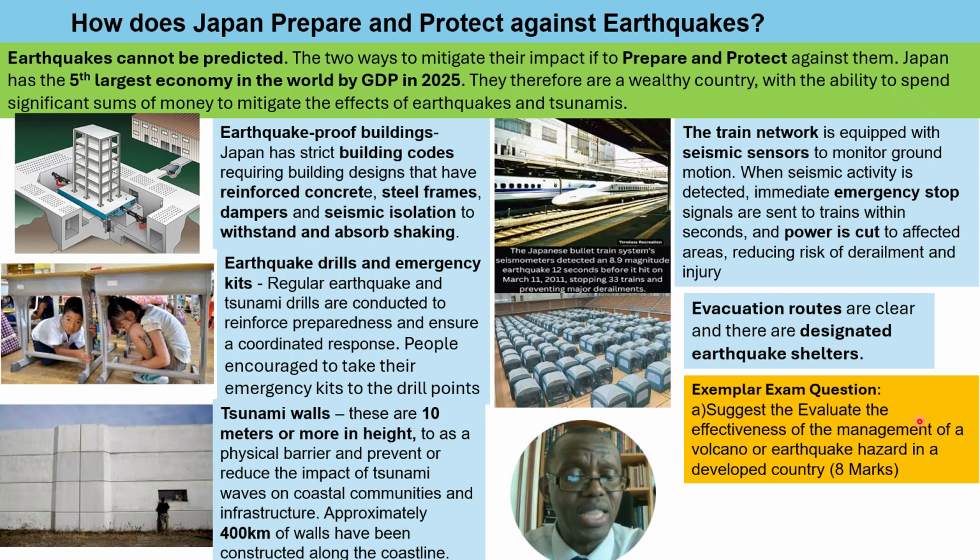Then the second thing that they do is earthquake drills and providing emergency kits. As you can see here, this is an earthquake drill at a school. Students here are being taught about what to do in the event of an earthquake. We know that when there's an earthquake, it's normally the buildings that are likely to injure people as they collapse.